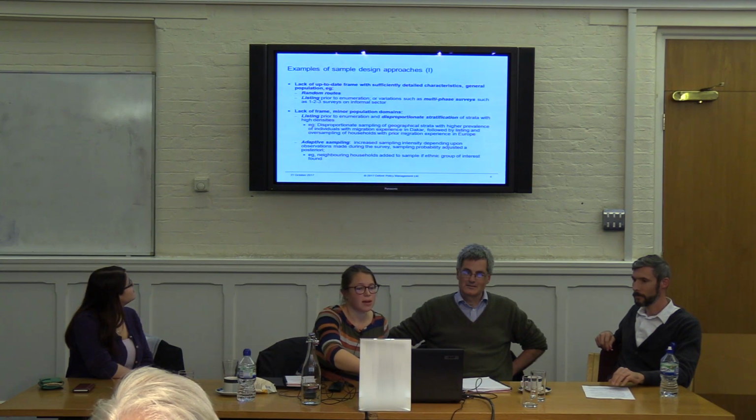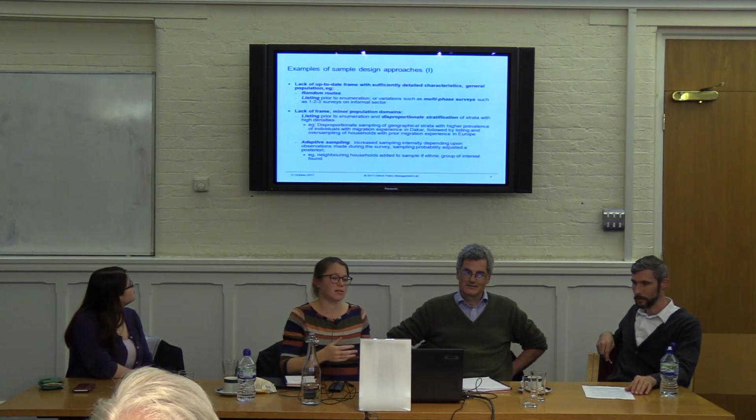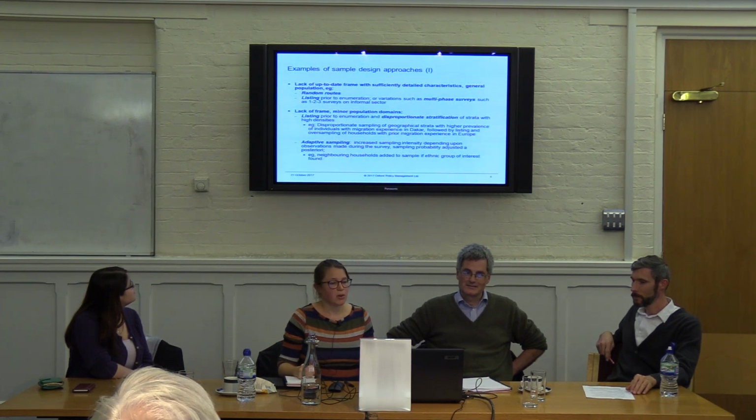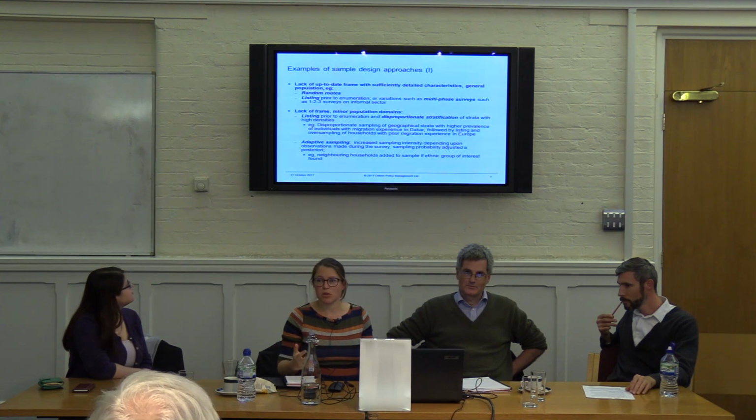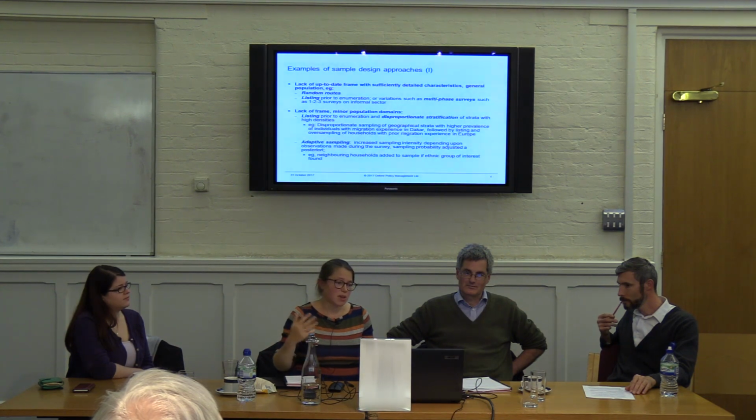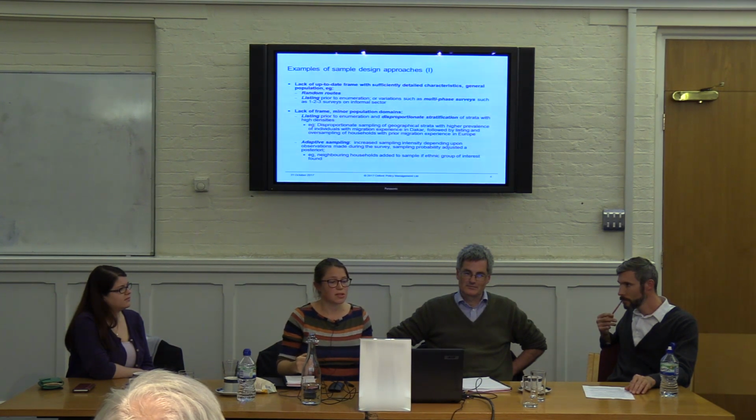So what has been tried in the social sciences, depending on what your aim is overall, have been different types of solutions. One, if you actually have a frame but it's not up to date and it might not have detailed characteristics, then you might start with a random route approach, where you have a random start and then sample every so-and-so nth household, for instance.